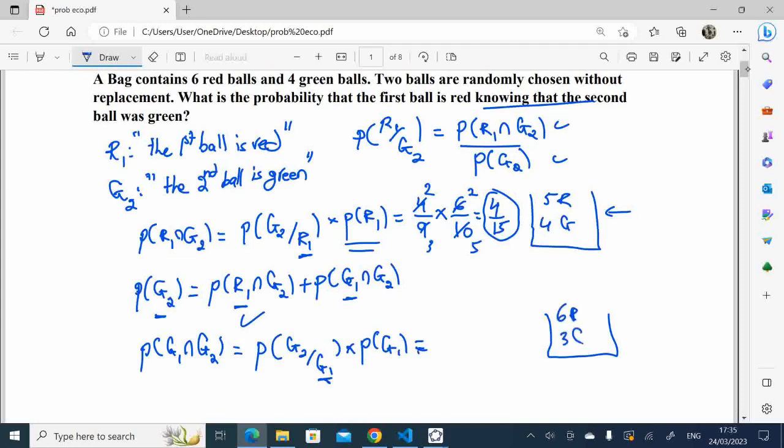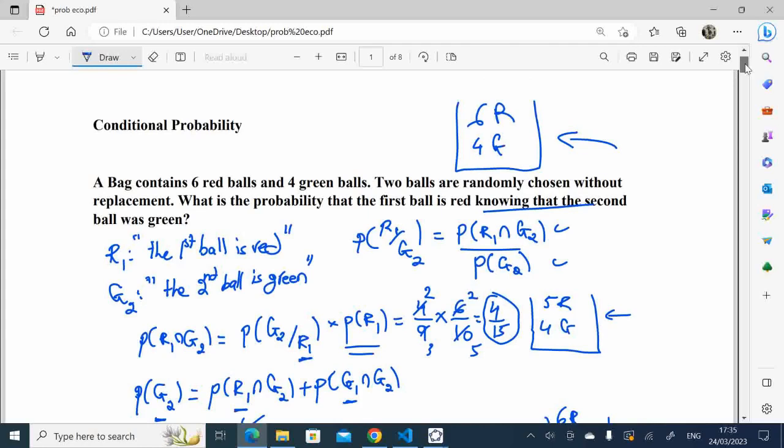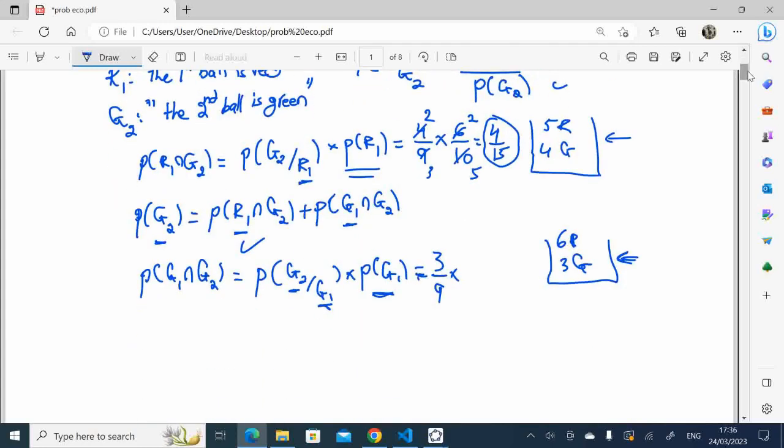Now I need from this urn to select a green ball, which means we have 3 possible out of 9, times P of G1. For P of G1, I need to go back to the main urn. We have 4 possible out of 10. So times 4 over 10. Divide by 3 here, we get 1, divide by 3, it's 3, by 2 it's 2, by 2 it's 5, so we get 2 over 15.